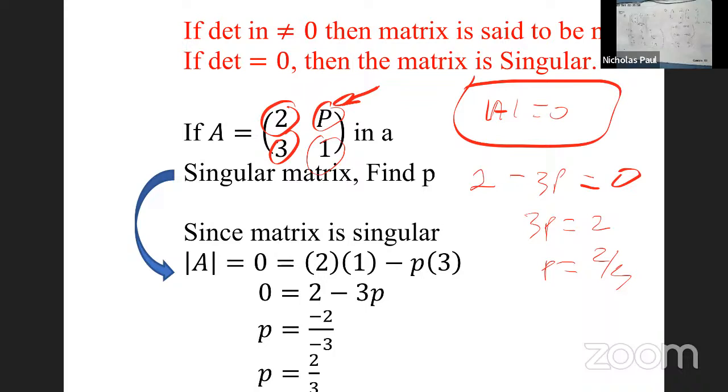And last thing, actually, try one here for me. Find the determinant of A: 2, 4, 5, 1. Find the determinant real fast. You can do that mentally. What's the determinant of that matrix?